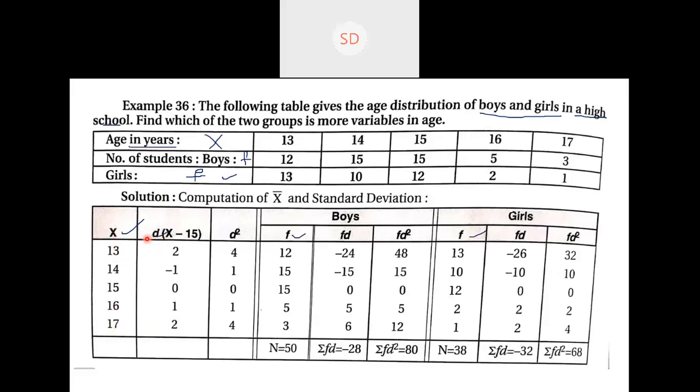Now to find the deviations, I need an assumed mean. Let me consider an assumed mean out of the data. Out of x only I have to consider the assumed mean. I'm going to take the central value as the assumed mean. So what is the assumed mean? 15 is my assumed mean. I will calculate the deviations. 13 minus 15 is minus 2. 14 minus 15 is minus 1. 15 minus 15 is 0. 16 minus 15 is 1. 17 minus 15 is 2.